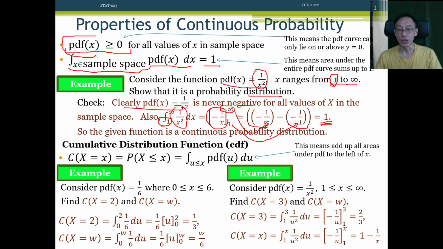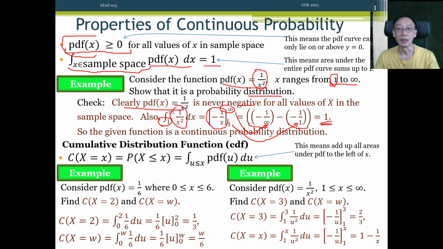And that's important to check if you are being asked to check. If, however, in solving application problems, typically that is already being checked or fulfilled. So you will be told something like the time that it takes John to go from his home to office is modeled by the following PDF.